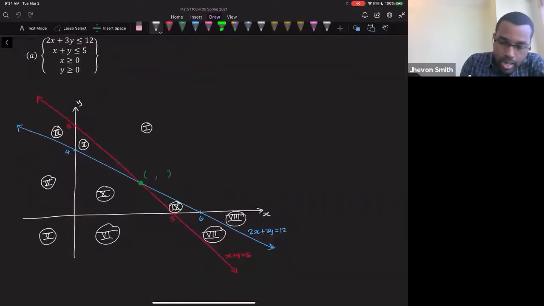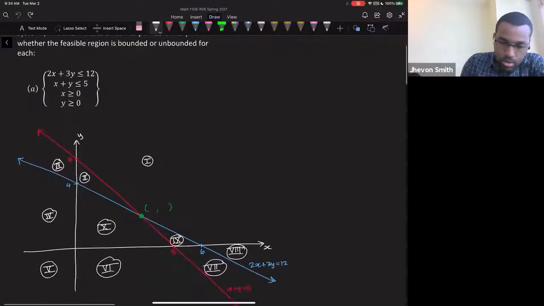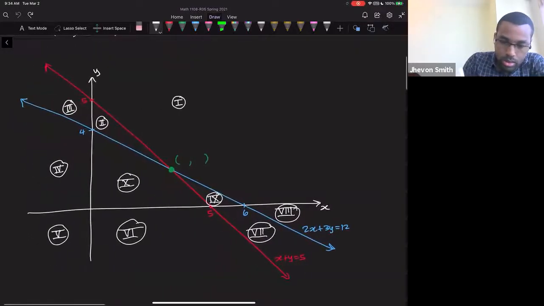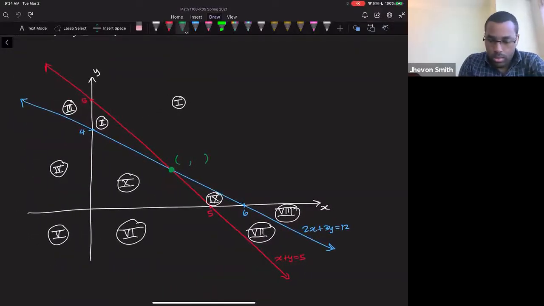Did anyone find the point right here, what that's supposed to be? It says find all corner points. The other ones are more or less obvious because they occur on the axes.